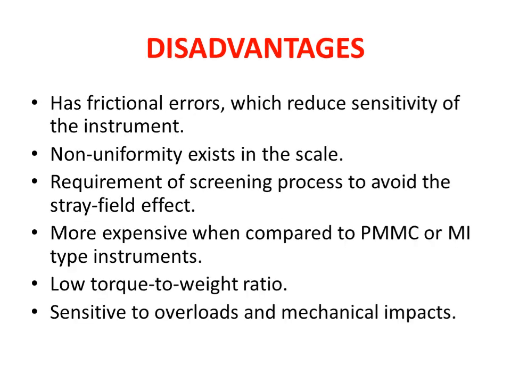If you look at the disadvantages, it has frictional errors, which is one main drawback of this electrodynamometer type. It also has a low torque to weight ratio, and it is more expensive when compared to PMMC or MI instruments. It is also sensitive to overloads and mechanical impacts. So these are the disadvantages.